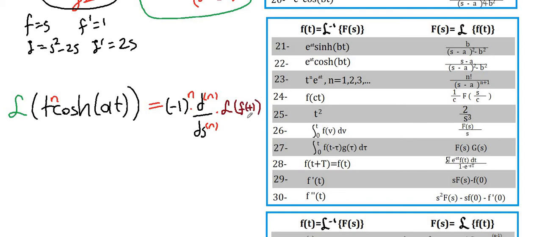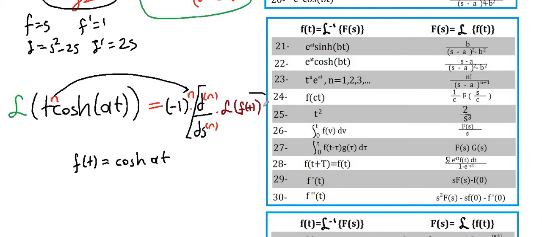So here in our case, f of t is cos of at. So we can take the Laplace of cos of at and multiply it by negative 1 to the nth power, whatever the power is here. But we also have to take the derivative of this Laplace we have taken. So I can make some parentheses here.